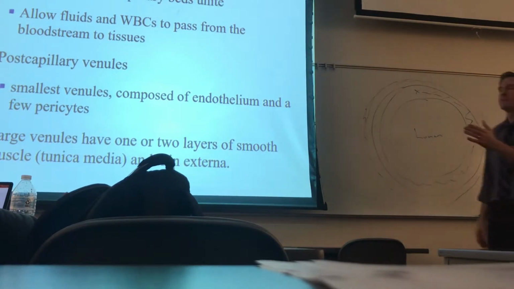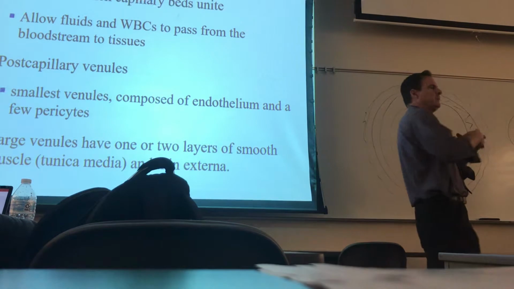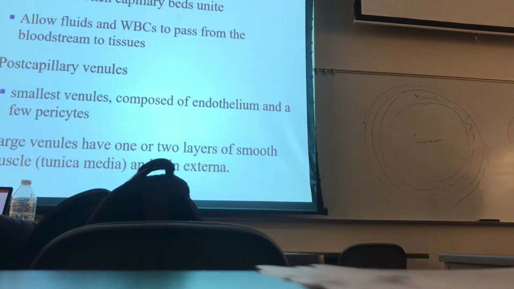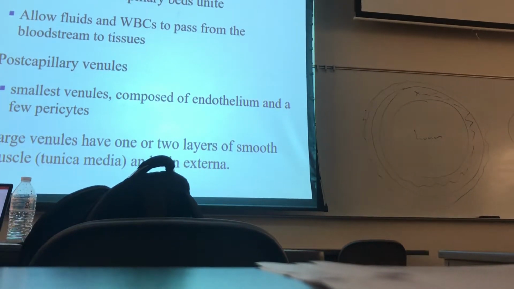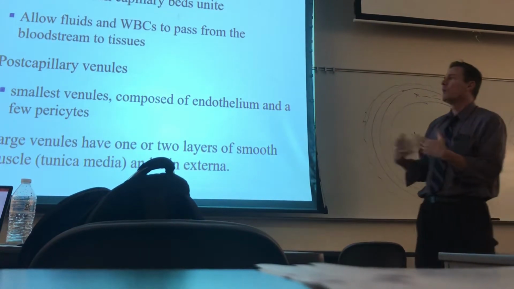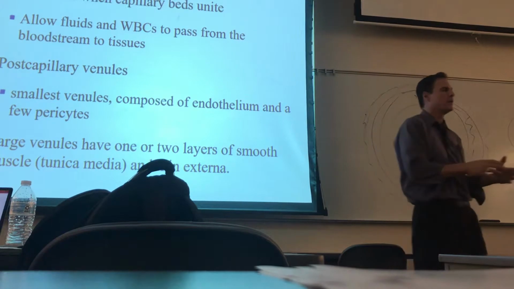When we get across the capillary bed, we start to collect the blood that we've been giving the nutrients away. So we've given off oxygen. We have deoxygenated hemoglobin. We have carbaminohemoglobin now. We've picked up some other waste products, and we have to take it back to the lungs to blow off the CO2 or the liver to process it. We collect them in little venules, or tiny veins.